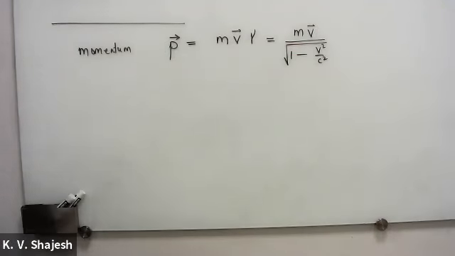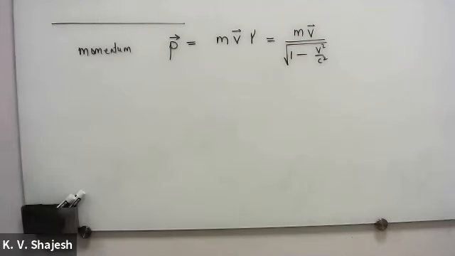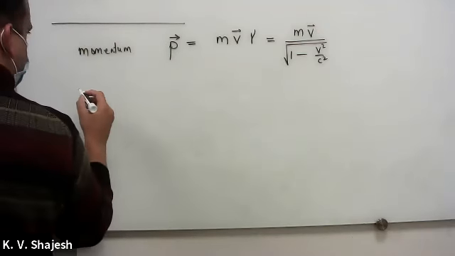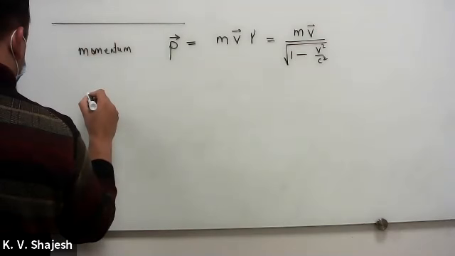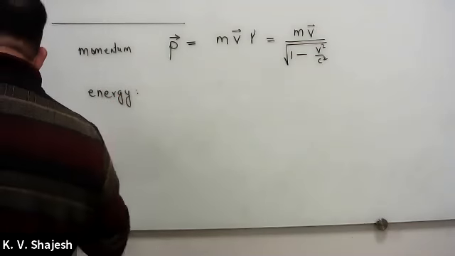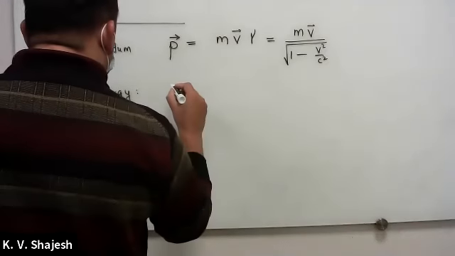So that's your momentum. And energy, instead of saying kinetic energy, because there is a rest mass also associated with it, typically you don't say kinetic energy, but that's an associated quantity in here. This is pretty much energy associated with motion.